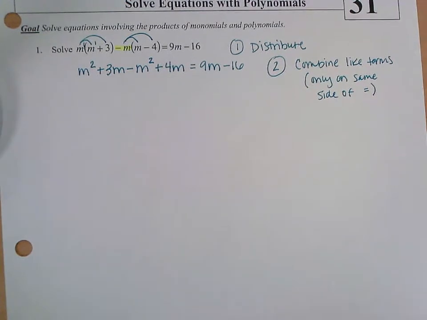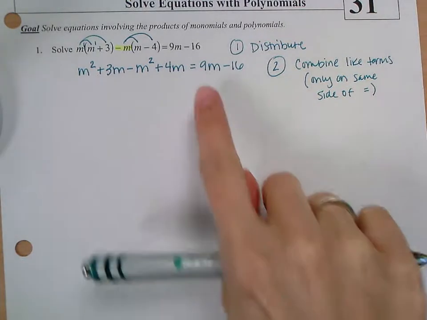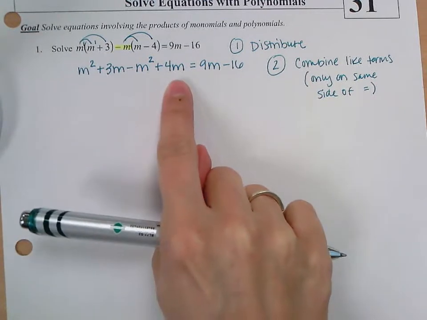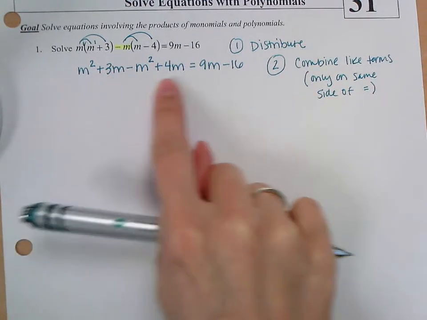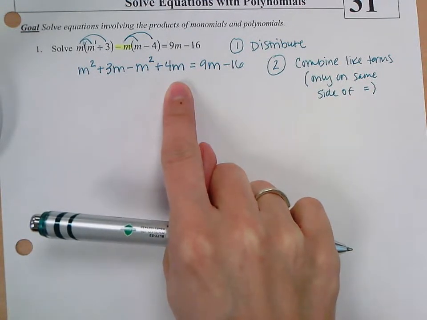Okay, so you combine like terms, but only if there's like terms that are on the same side, either side of your equal sign. So if I look at just the left side of my equation, are there any like terms on that side, Michael?